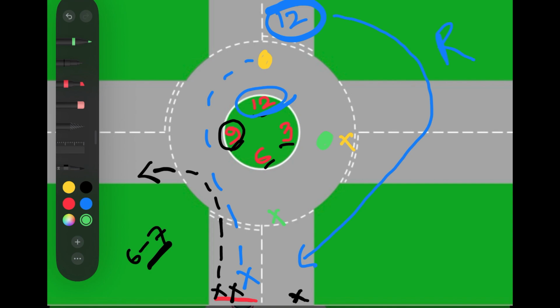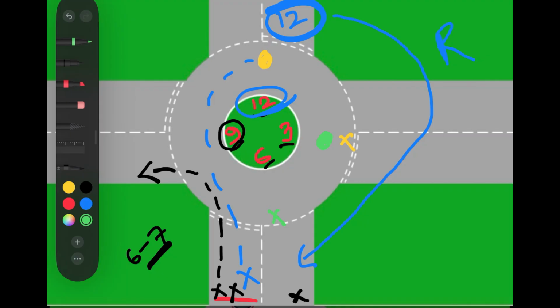So any exit on the right after 12 o'clock classed as right, you should signal right as you approach the roundabout, and you should signal left for the exit just before the previous exit. So for an example, if you're taking third exit, you start signaling from second, and if you're taking fourth exit, you start signaling from third.